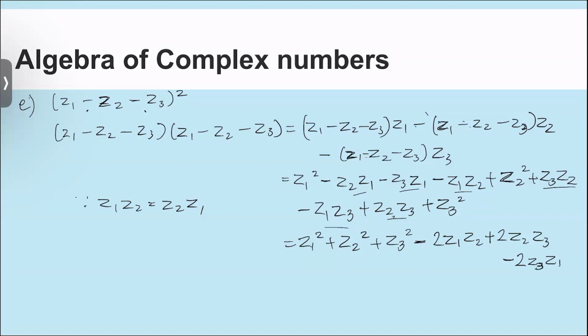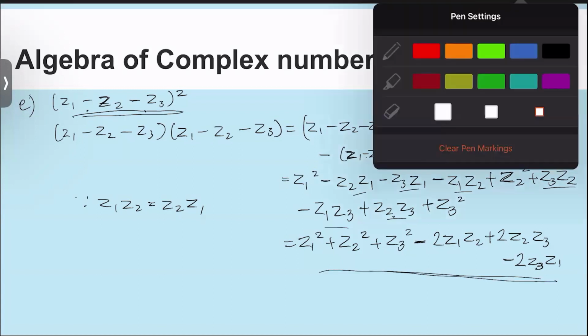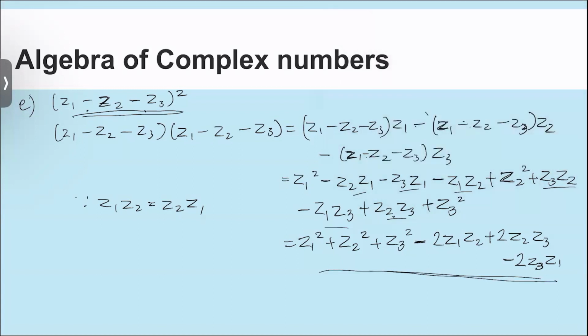So you can see that you can simplify this expression in the identity form, and this is the identity that you get. So let's write it in the final form.